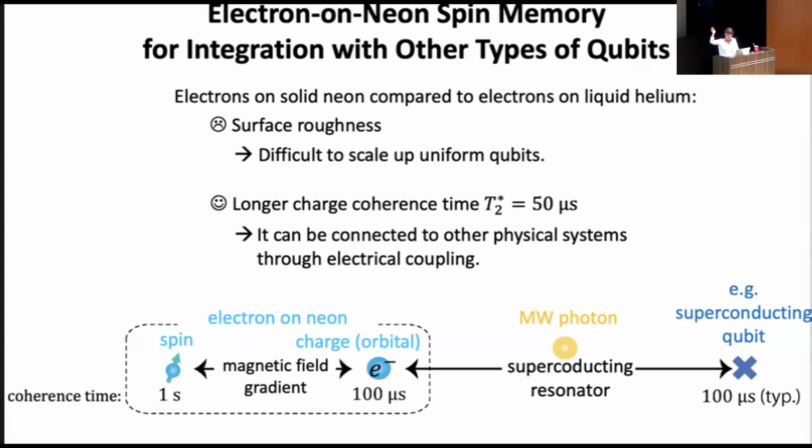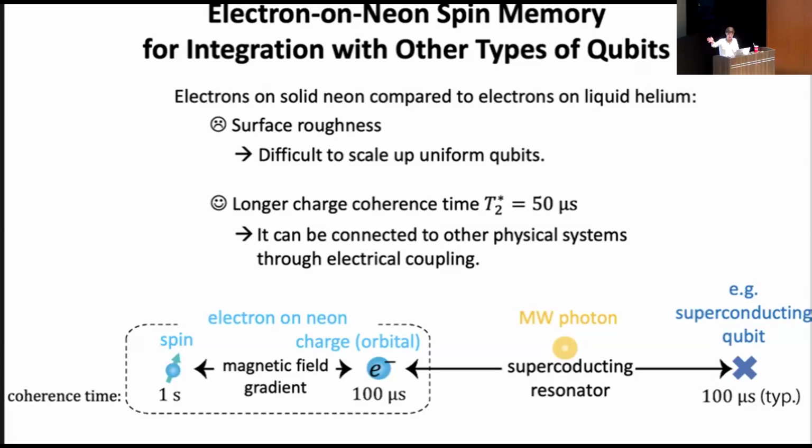So that is why we propose to realize a spin memory with electrons on neon for integration with other types of qubits. For example, in the case of a superconducting qubit, we can have the coherent transfer of the qubit state between the superconducting qubit and the charge qubit, the orbital state of the electron on neon, via a microwave photon inside the superconducting resonator.